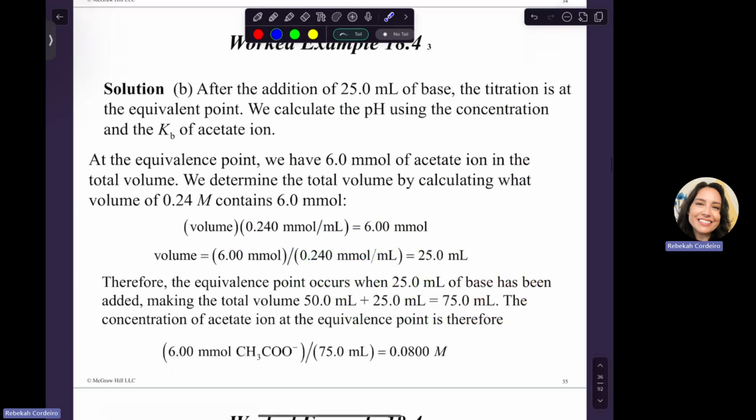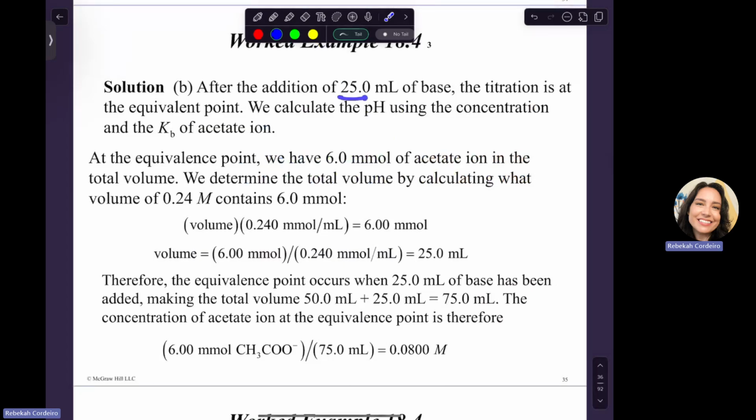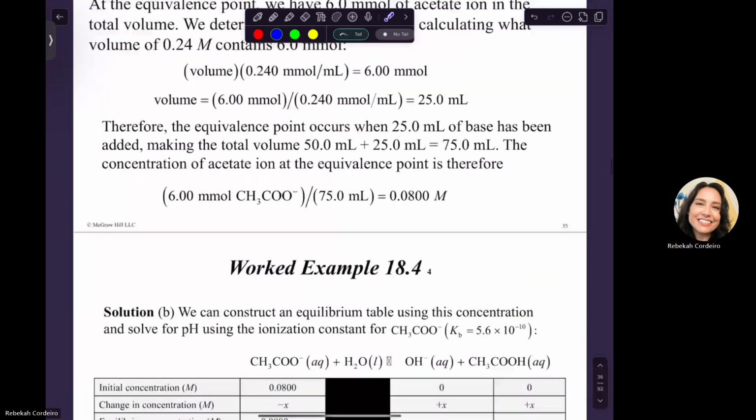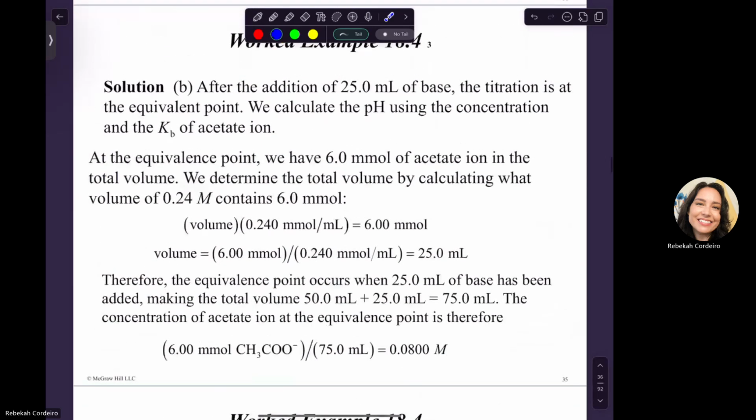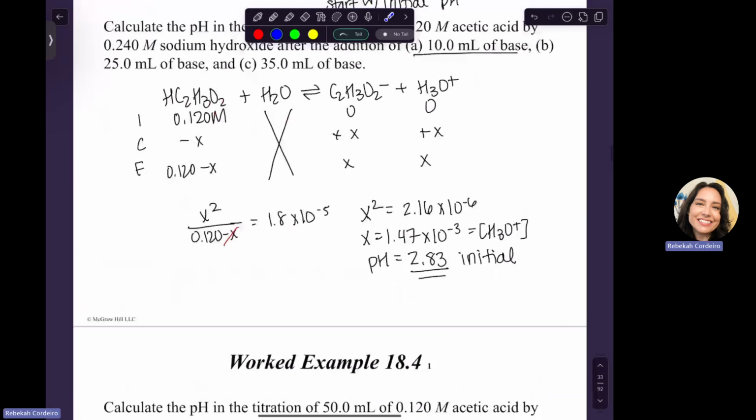For the next part, 25 milliliters of the base, this is the equivalence point. How do we know that's the equivalence point without doing math?